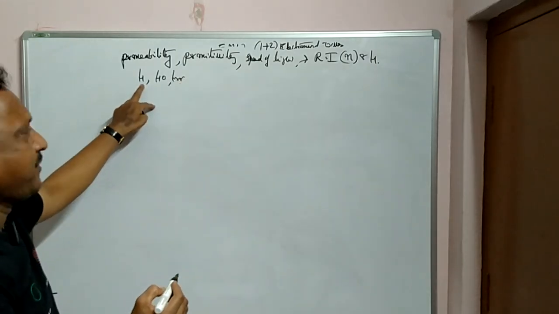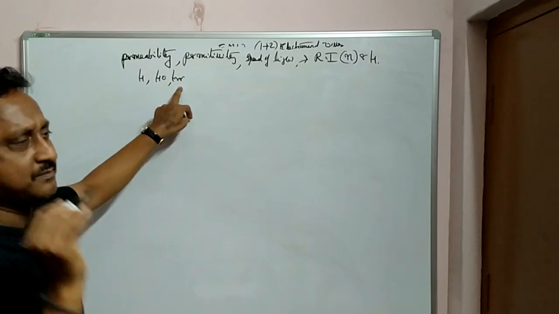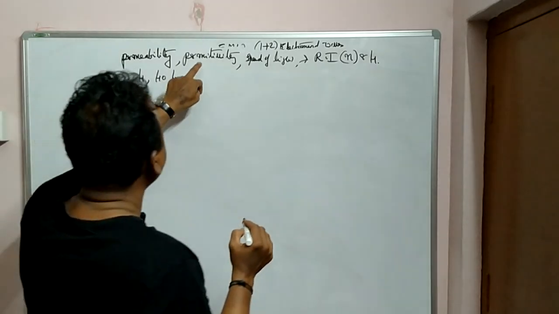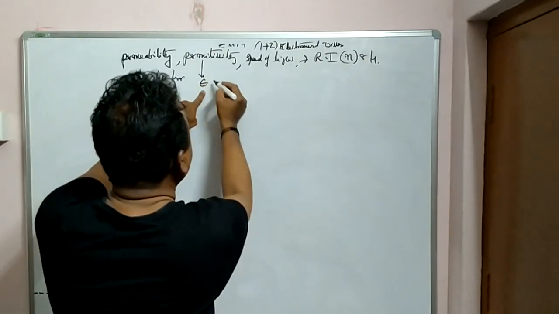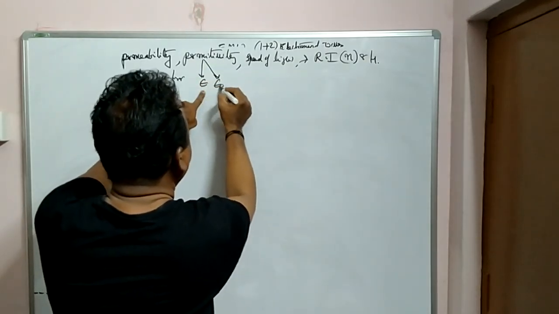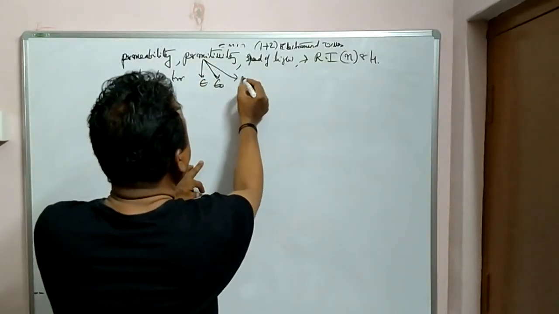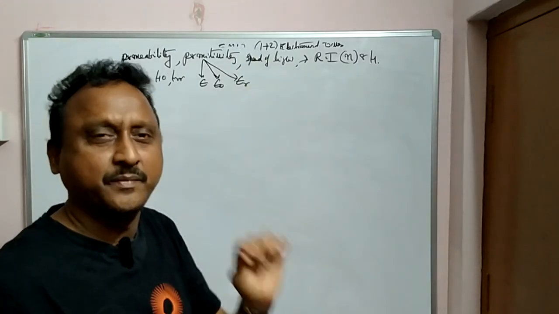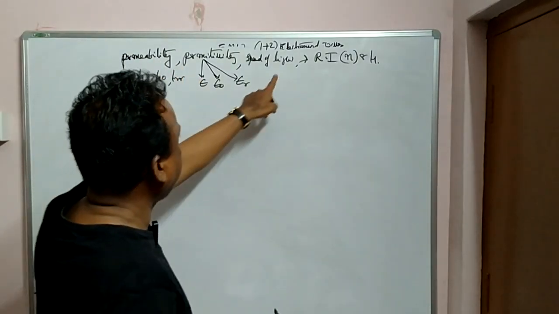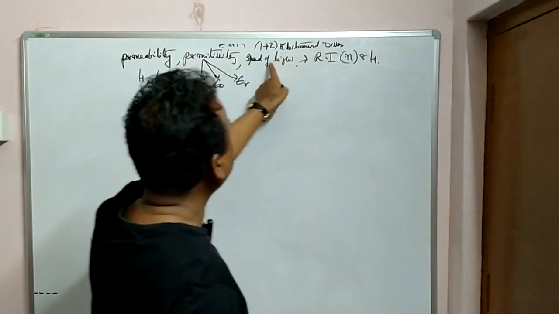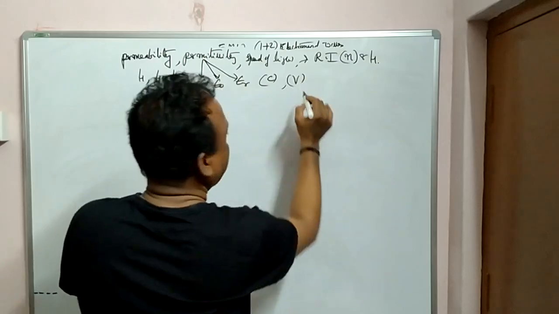Mu is the absolute permeability, mu naught is the permeability of free space, and mu r is the relative permeability, that is, magnetic permeability. And permittivity: epsilon for an absolute medium, epsilon naught, the permittivity of free space, and one more, epsilon r, the relative permittivity or dielectric constant K. Let us discuss all this. Also the refractive index n or mu, the speed of light C in air or vacuum, and v in another medium.